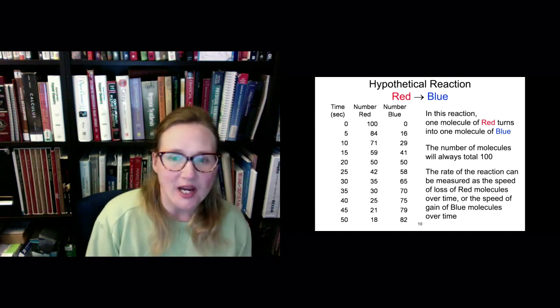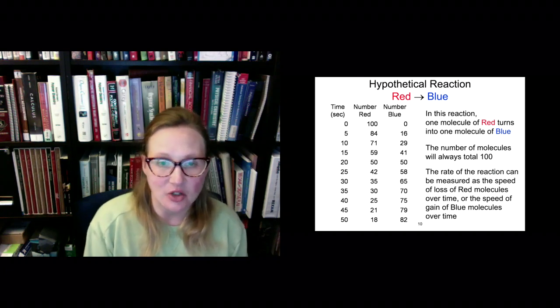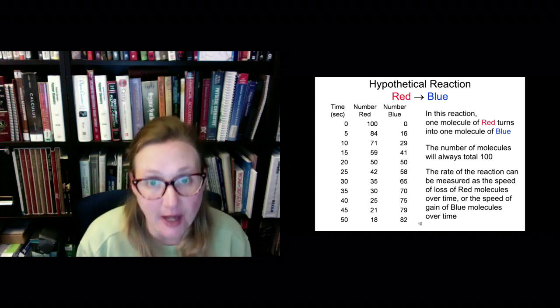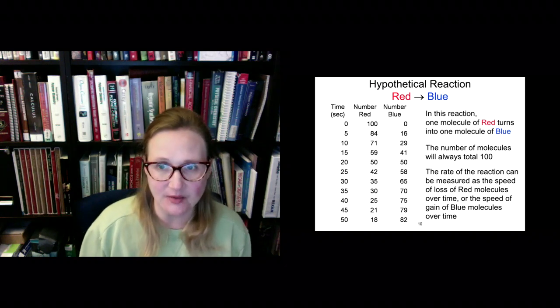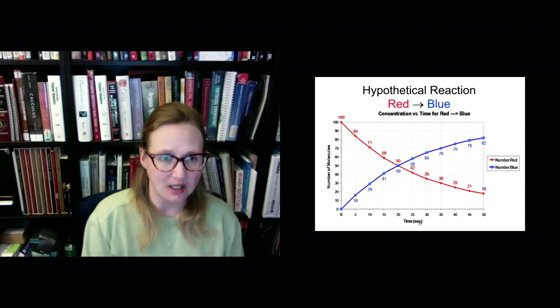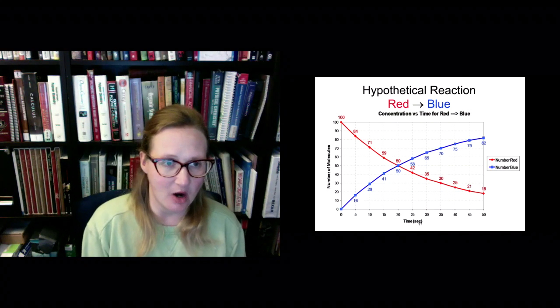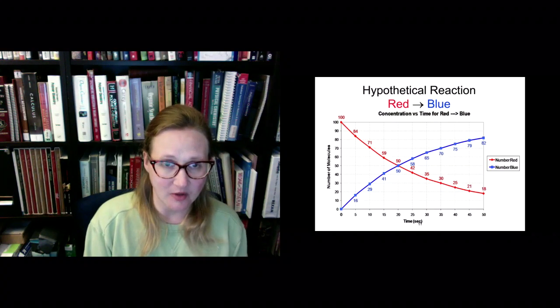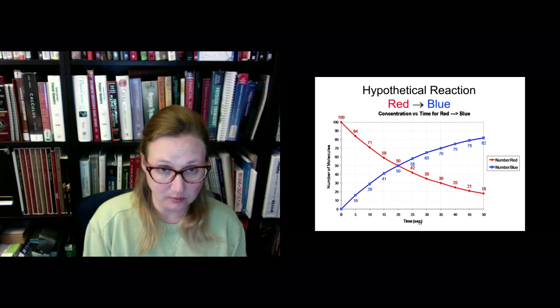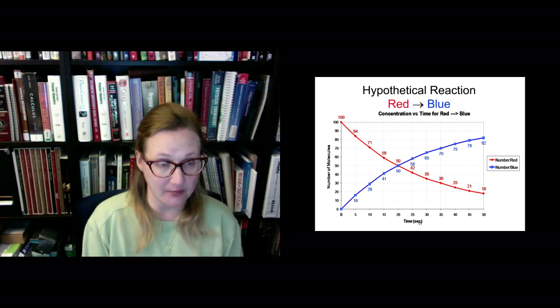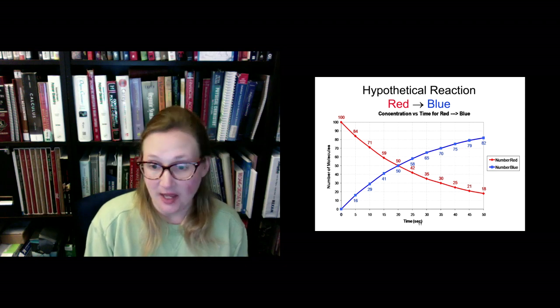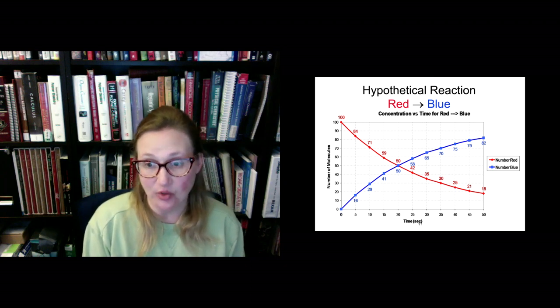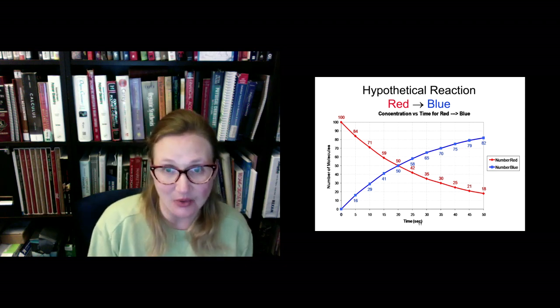All right, so the rate of reaction is going to be measured either by the loss of red or the gain of blue over time. Okay, so let's plot this out. What you see in red are the number of molecules of red over time. Of course, I start with 100 molecules of red, and then at 50 seconds I'm down to only 18 molecules of red.